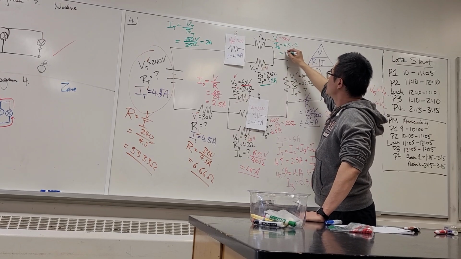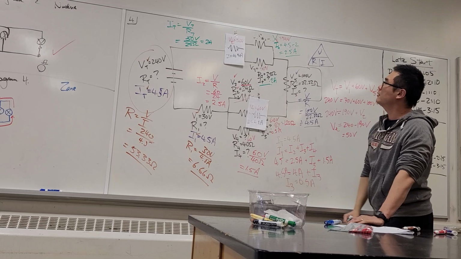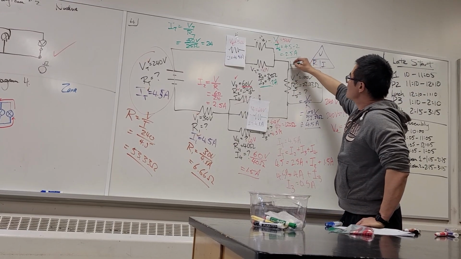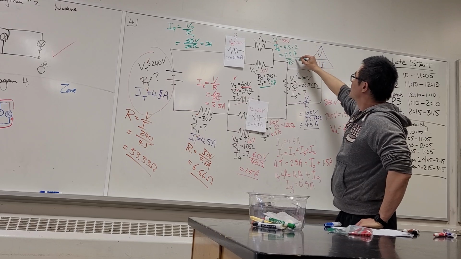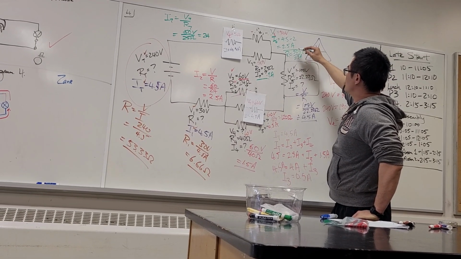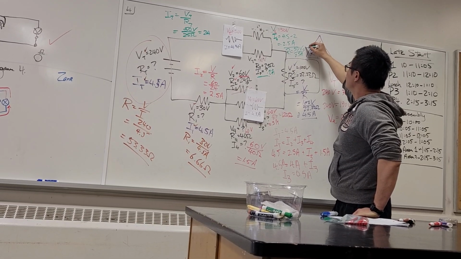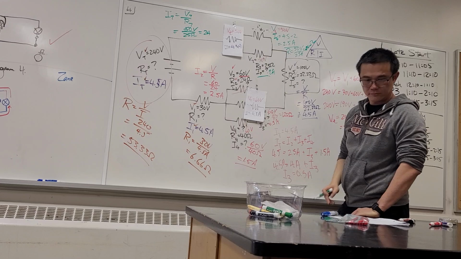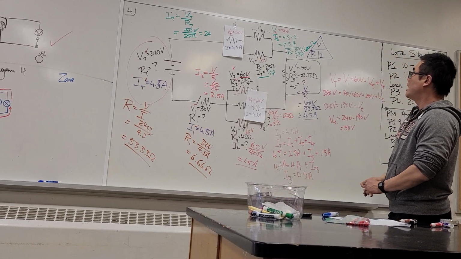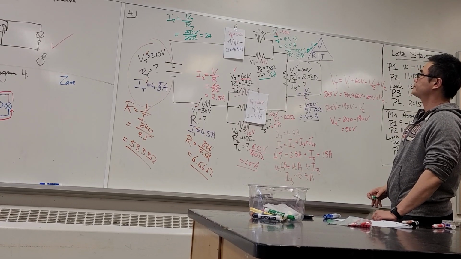That gives me 2.5 amperes here. So that's I6. I can solve for resistance. 50 volts divided by 2.5 amps should give me 20 ohms. 20 ohms. Okay. So yeah, I think that's all the things we need to do.